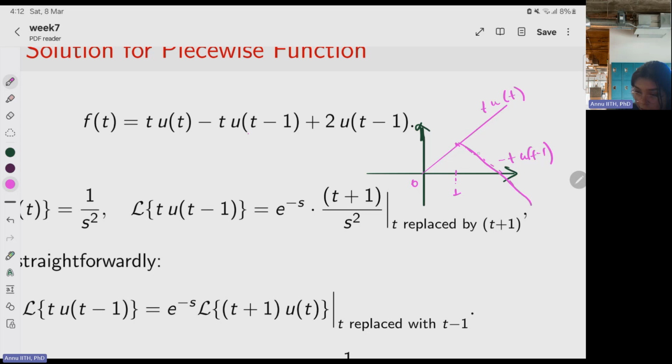And if you just sum it, it will lead to 0 here, 0 or straight.